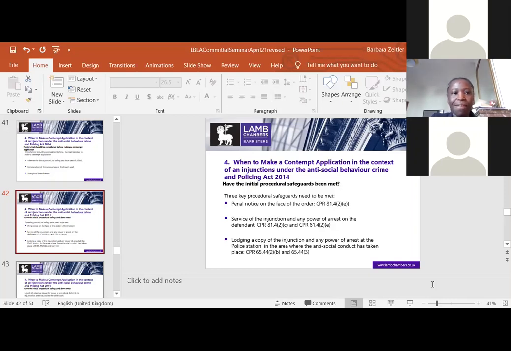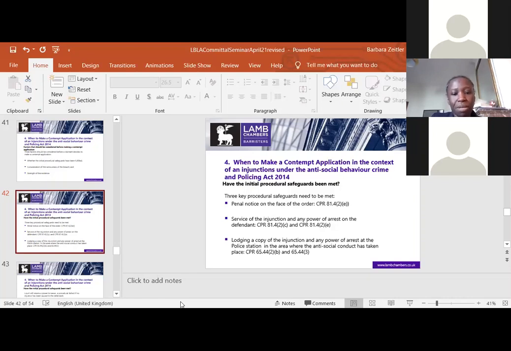Also, thankfully, I've never come across an instance where this hasn't been done, but it's always worth ensuring that a copy of the antisocial behaviour injunction, where a power of arrest has been added, has been deposited at the police station where the alleged conduct of the defendant has taken place.